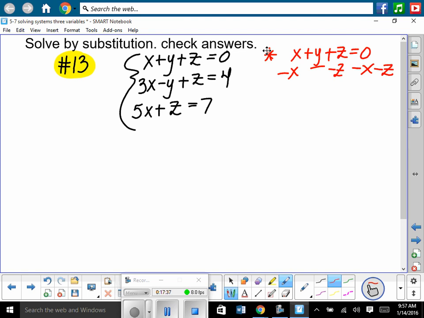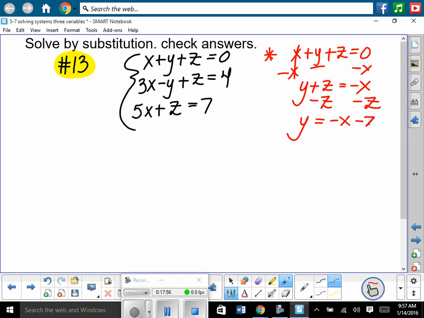I'm just doing it in one step, but I'll do it piece by piece if I must. That's one. We have y plus z is equal to negative x. Now I'm going to subtract z from both sides. So I have y is equal to negative x minus z. Is everybody comfortable so far?